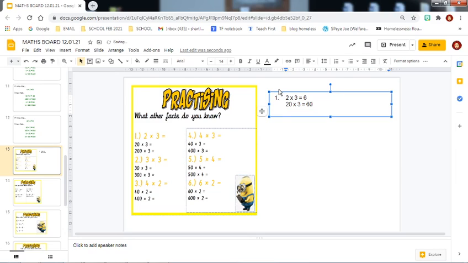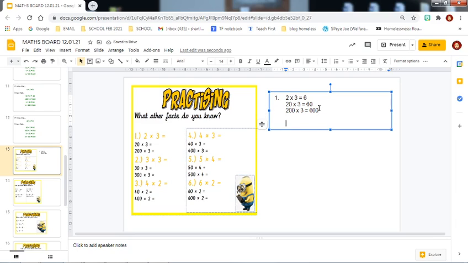I'm going to go 10 times greater again, so my 20 becomes 200, and you will see that I started with 2 ones. The 2 ones then became 2 tens, the 2 tens then became 200 each time I made it 10 times greater. 200 multiplied by 3 equals, so I know I must have an answer which is 10 times greater than 60, so 200 multiplied by 3 equals 600.